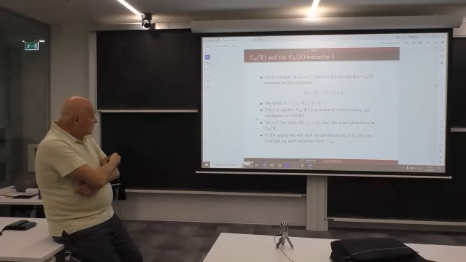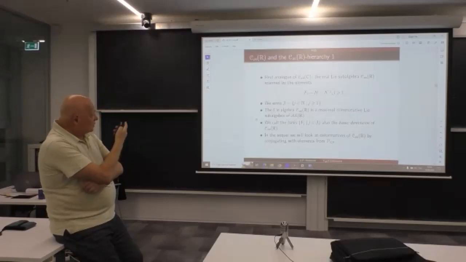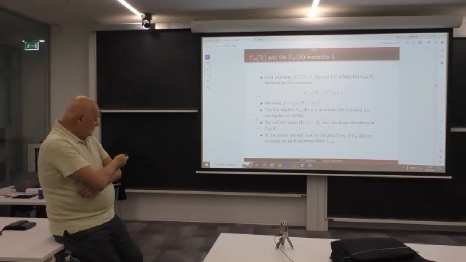And again, we call these basic elements the basic directions of the real algebra. And we are going to deform the Fj with the group calligraphic P smaller or equal than 0.